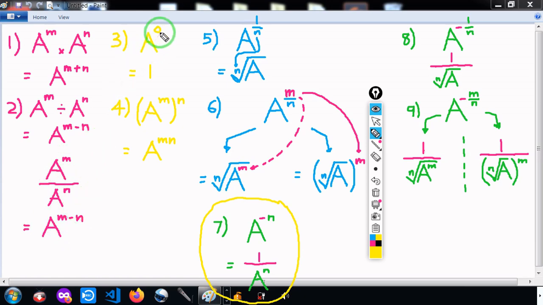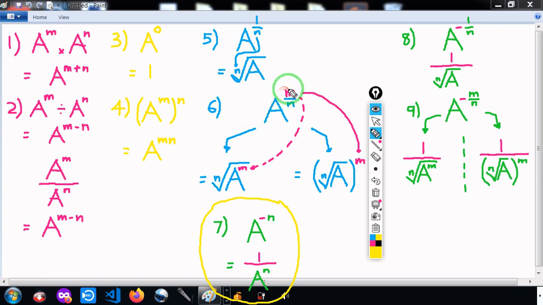A to the power of 0 is 1. Open curly bracket, capital A, to the power of small m, close curly bracket, to the power of small n, is equal to a to the power of mn. A to the power of 1 over n is equal to the nth root of a.